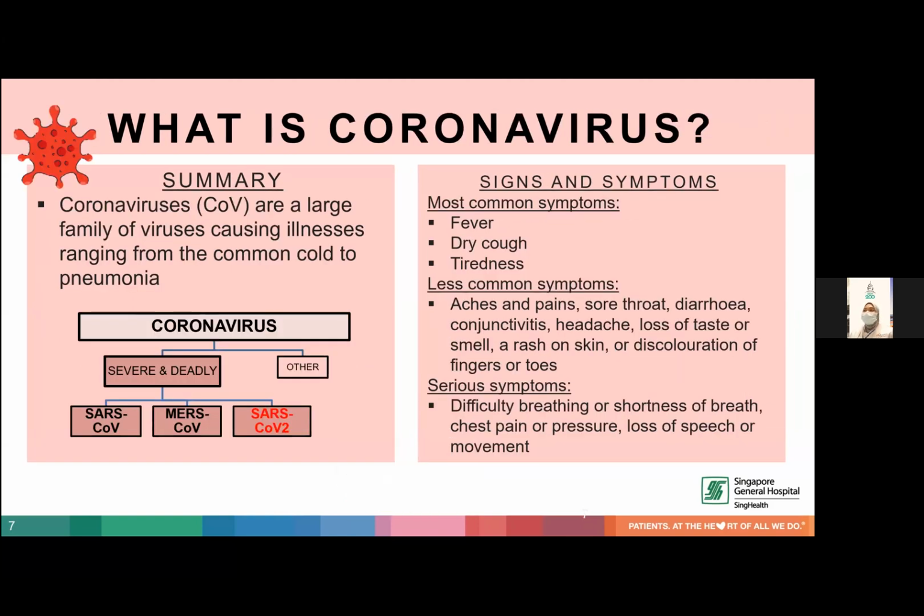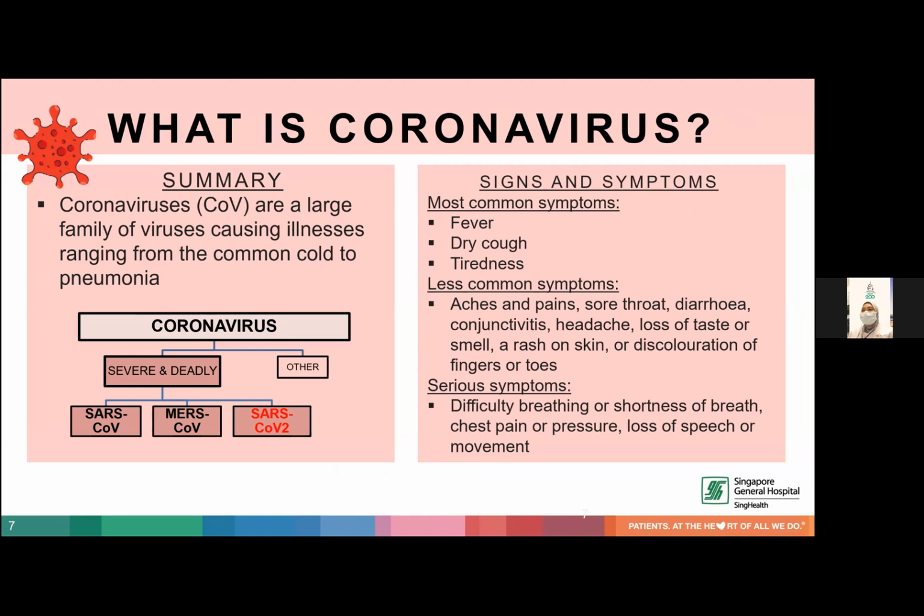So what is coronaviruses? COVID-19 is the infectious disease caused by a strain of coronavirus, which is SARS-CoV-2. It was declared a pandemic by the WHO, World Health Organization, in March 2020 and has spread globally. So severe acute respiratory syndrome or SARS, Singapore suffered 33 deaths due to SARS in 2003.